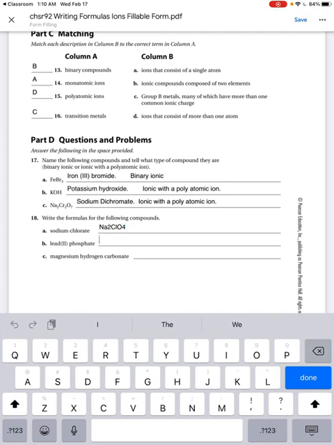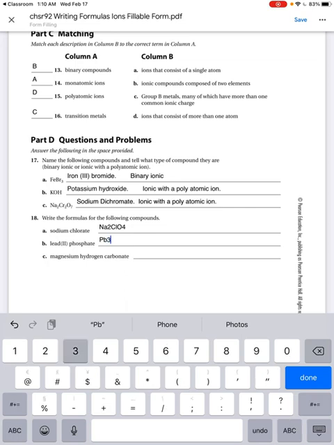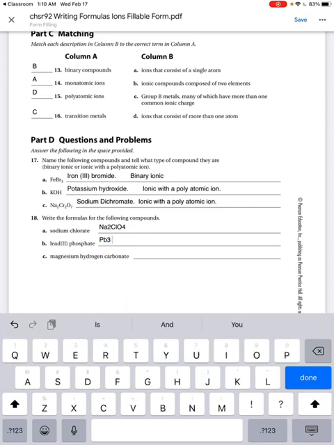Lead phosphate: phosphate is minus 3, and lead is plus 2. So this would be Pb, and I'd need 3 of the plus 2s, and then 2 of the minus 3s. So P, phosphorus, O, oxygen, 4.